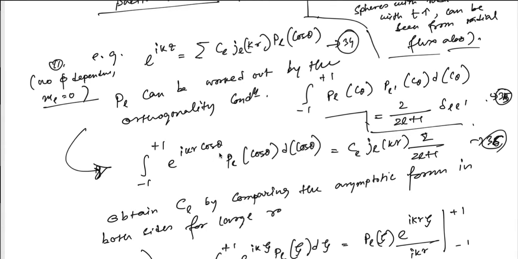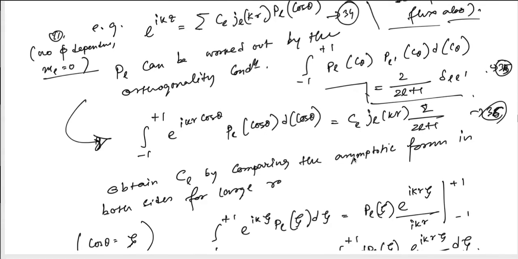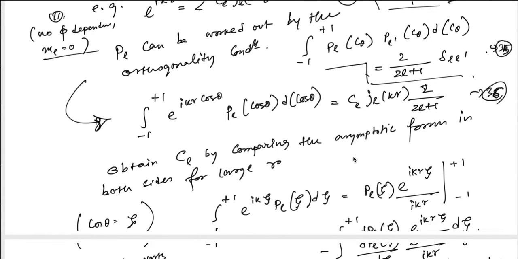That integral is e to the power i k r cos theta, since z is basically r cos theta. So eventually I have to do this integral, e to the power i k r cos theta, P_l cos theta, d cos theta, and that integral is this, which I get by multiplying both sides by P_l prime, and since there is a delta l l prime, this will give me this. That is how I find a relation which can in principle be solved to work out c_l.